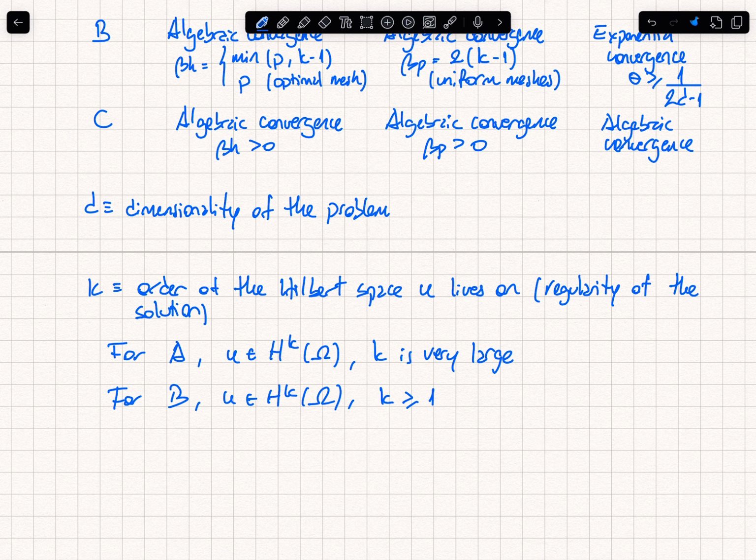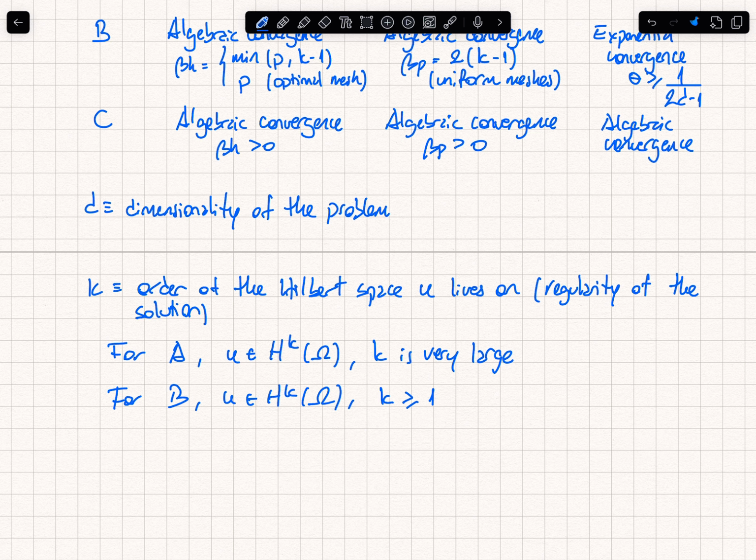And so we know that the rate is controlled by the singularity. The solution is not so smooth, right? And so there is a set of zero measure at the crack tip where our stress field goes to infinity. So we have some sort of 1 over the square root of R singularity. And so when you compute the rate, actually, if you don't do anything special, you get a rate that is controlled by this.